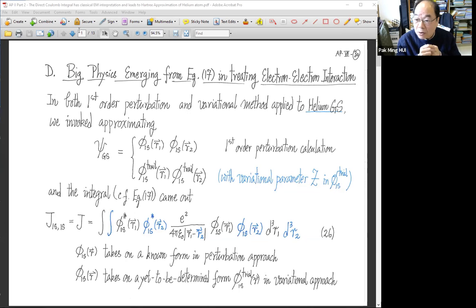Today we will continue on and turn it into, I think, the most powerful quantum mechanical calculation of all time.